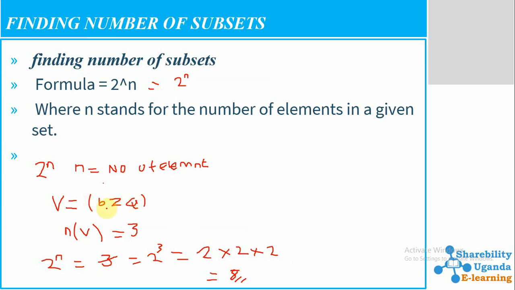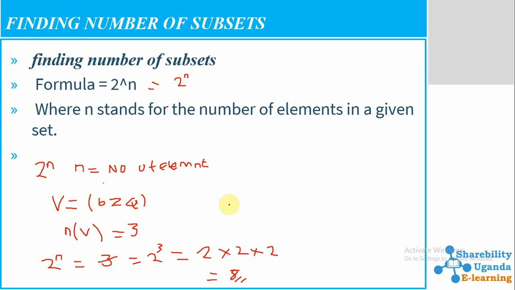We shall also be able to prove it when we are given our set V equals B, Z and Q, by forming the subsets. But for this, we shall prove it at the end of the video.